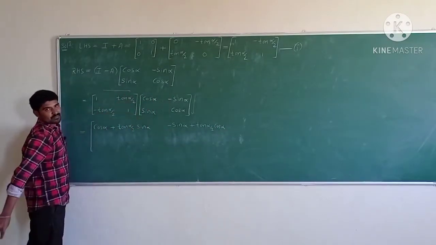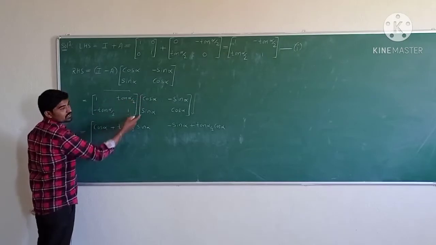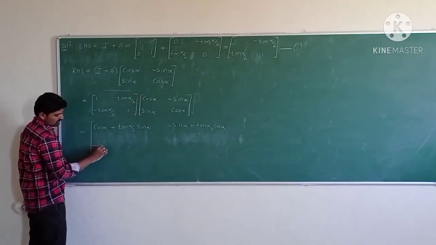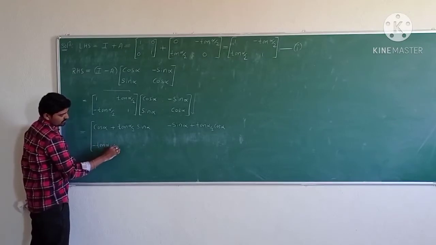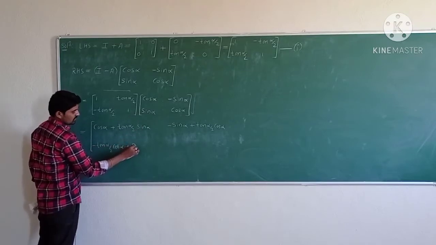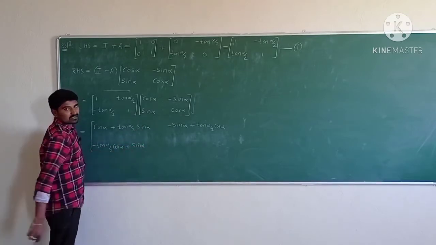First row second column completed. Now second row first column, minus tan alpha by 2 into cos alpha plus 1 into sin alpha.